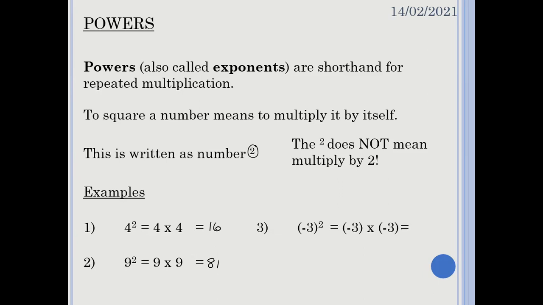And remember what we said when we did negative numbers: 2 negatives make a positive. So negative 3 squared is going to give us positive 9. Whenever you square something, the answer will always be positive.